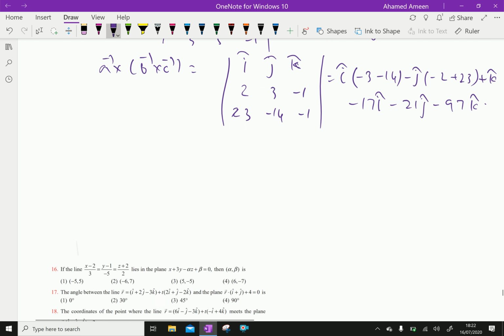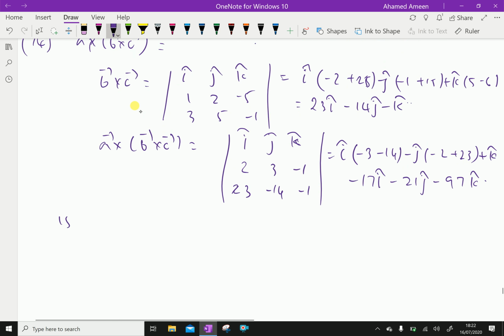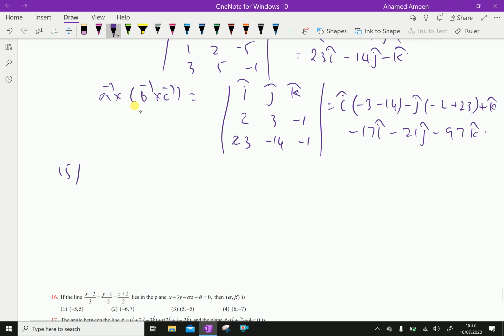Here, question number 15, you have to find A1 A2 plus B1 B2 plus C1 C2.